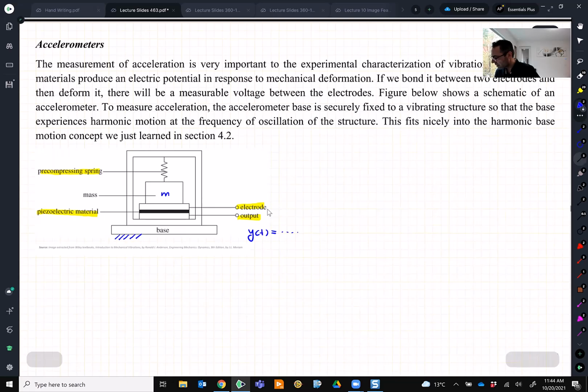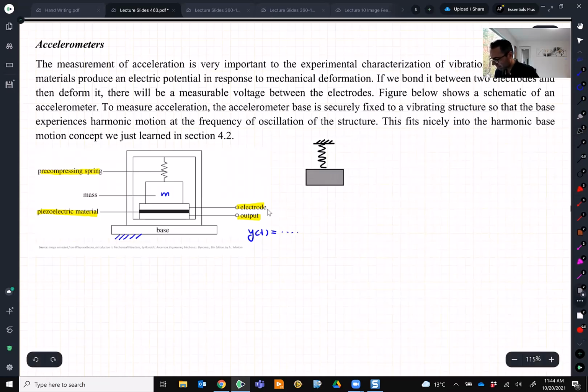So we can model this system then as, let's say, a spring, a mass, M, and then for the piezoelectric, let me use a different color. It is a spring and damping.